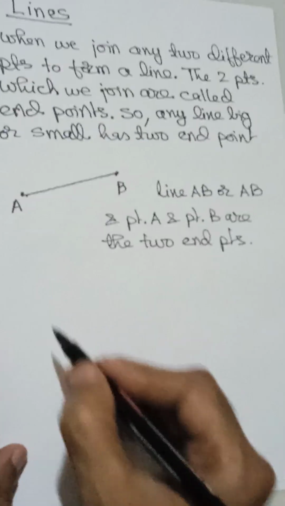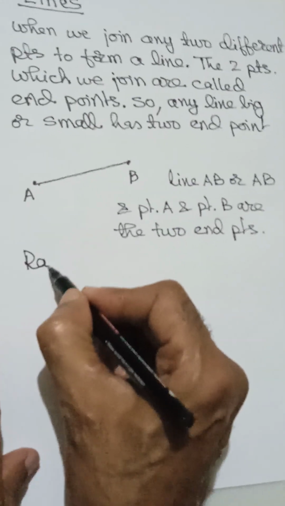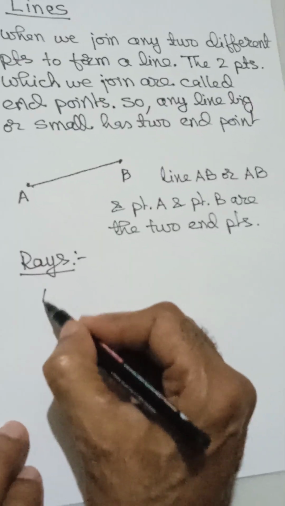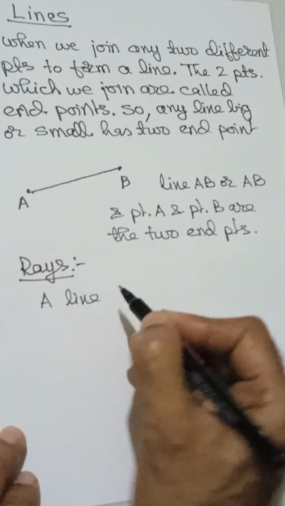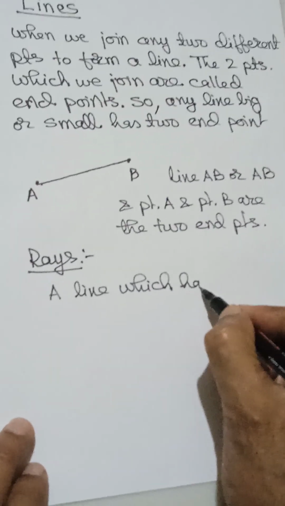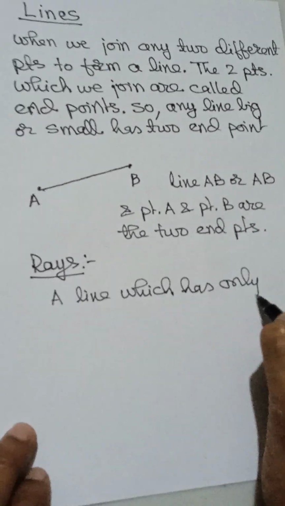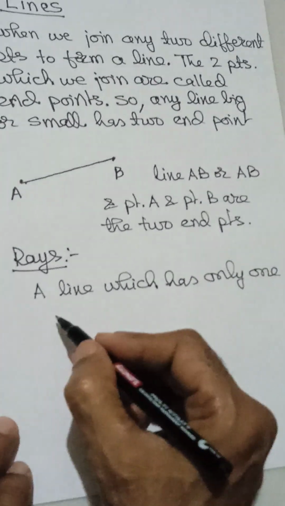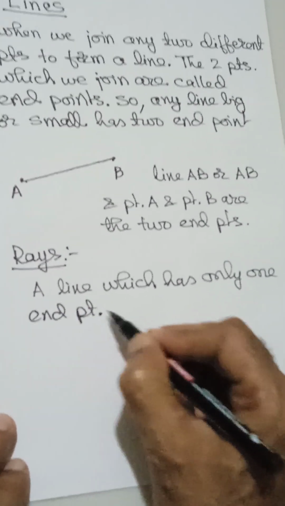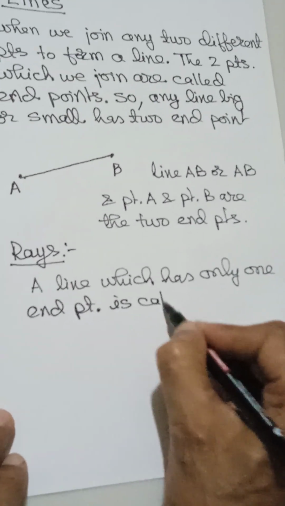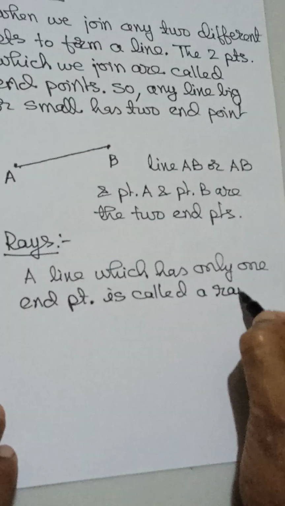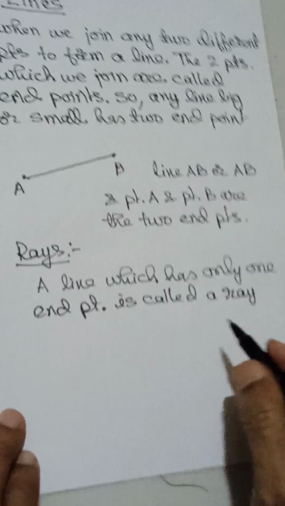Now we will discuss rays. A line which has only one end point is called a ray.